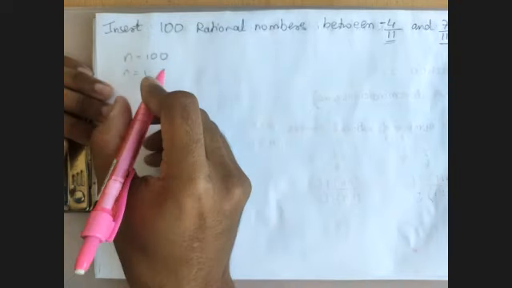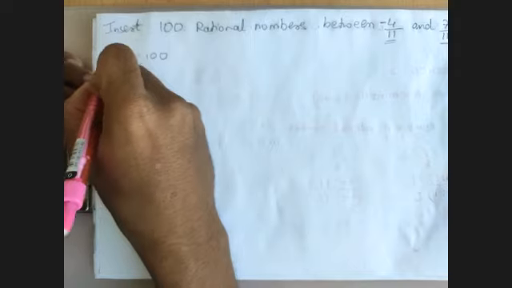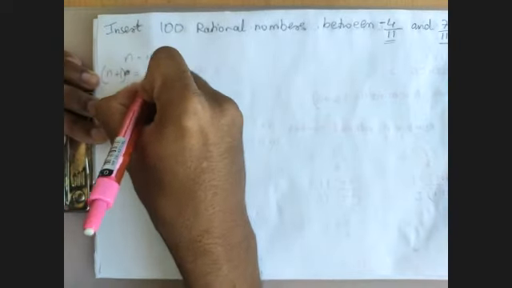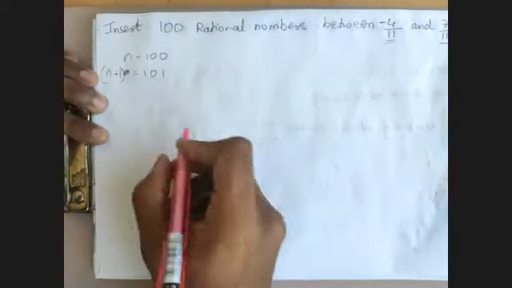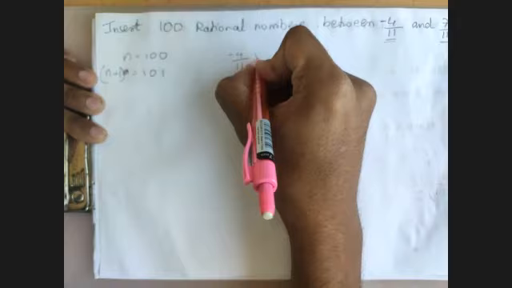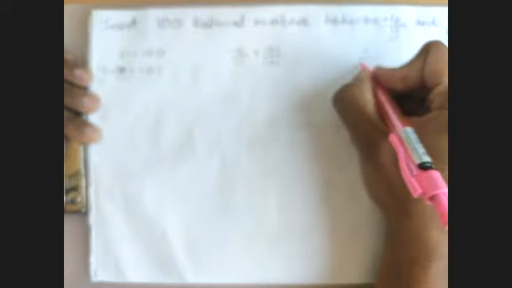N plus 1 would be equal to 101. So what should I do? I should multiply minus 4 by 11 into 101 by 101, and multiply 7 by 11 into 101 by 101.